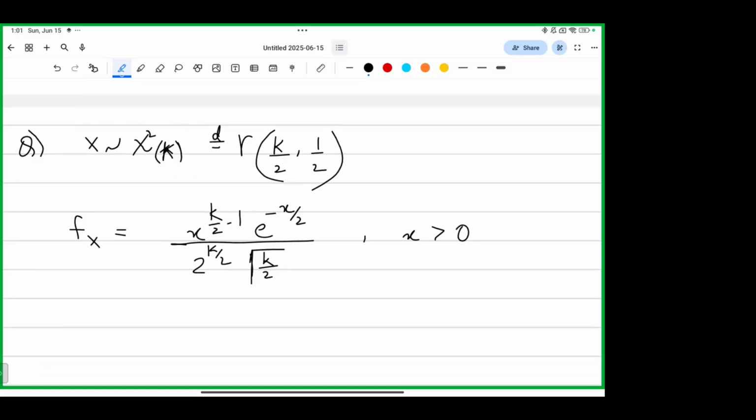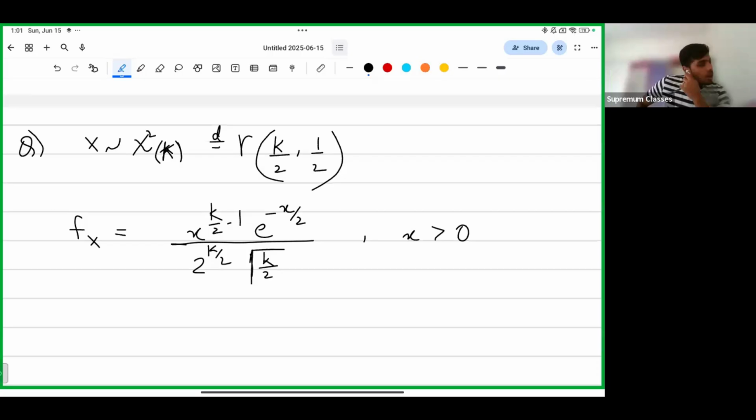Is this fine? Okay, this is fine. Can you derive the rth moment of this? Can you find a closed form expression for the rth moment of a chi-square k distribution?